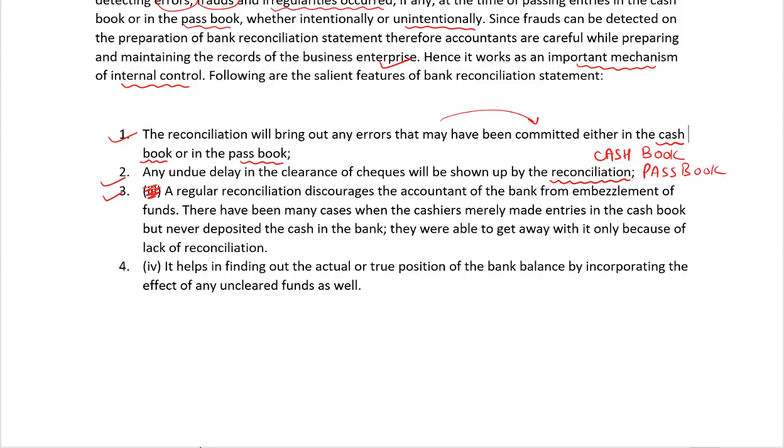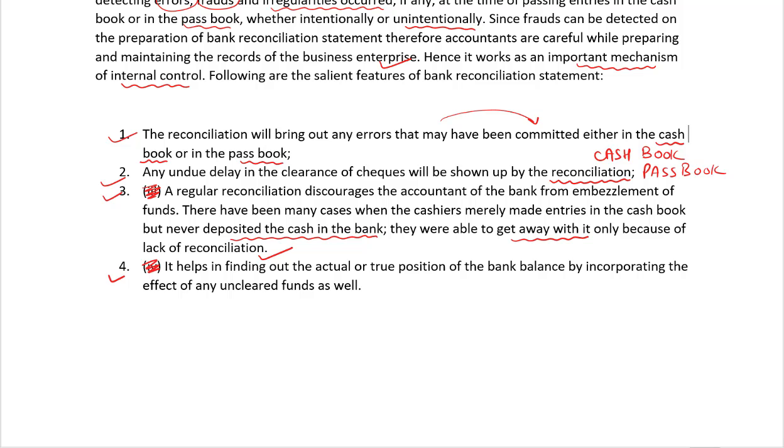There have been many cases where the cashier merely made entries in the cash book but never deposited the cash in the bank. They were able to get away with it only because of lack of reconciliation. If the reconciliation happens on a regular basis, the cashier will not try to do such embezzlement, and it will be beneficial for the company.